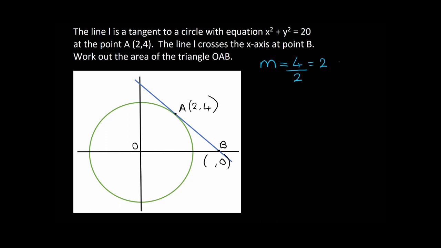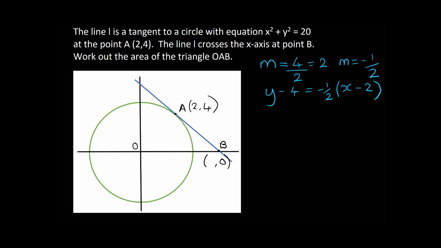Therefore the gradient of the tangent will be flipped and negative, so in this case that will be minus a half. So using the point A to get our equation, we'll have y minus 4 equals minus a half brackets x minus 2.